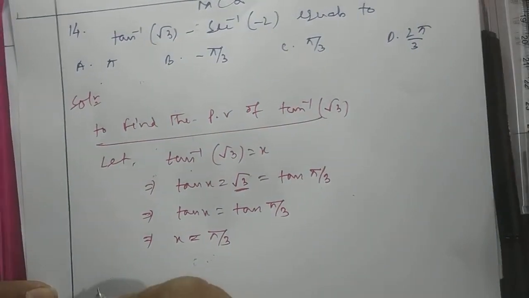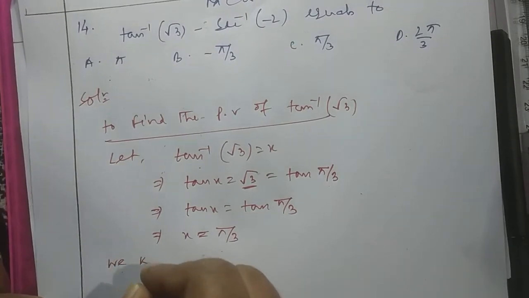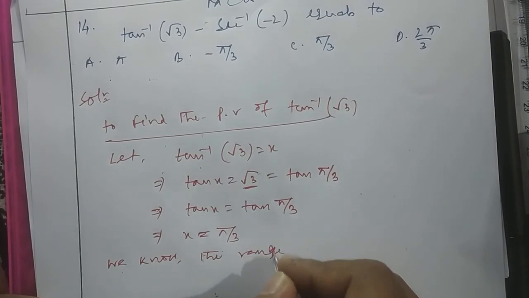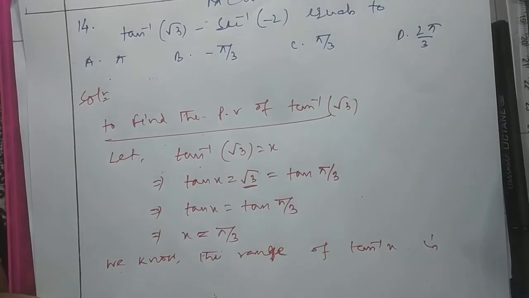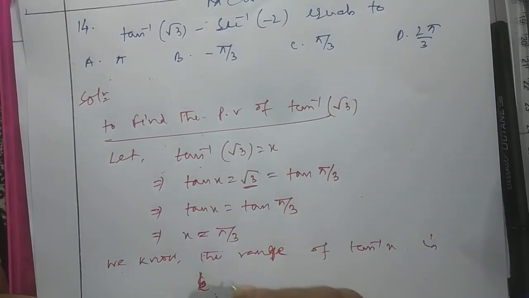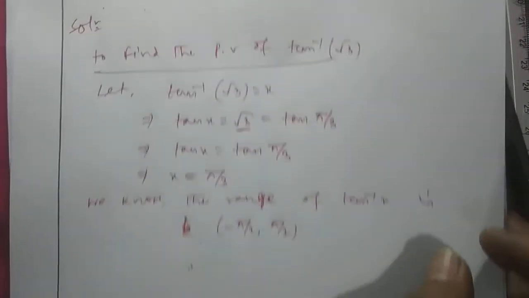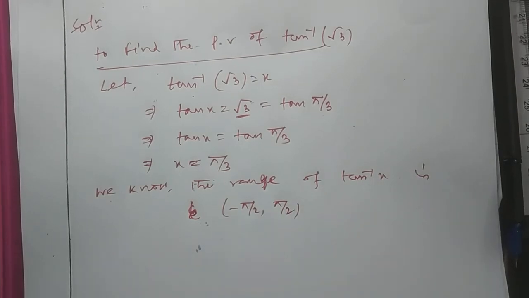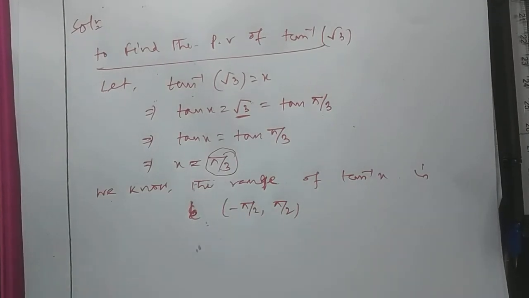Now let us recall the range of tan inverse x. We know the range of tan inverse x is minus pi by 2 comma pi by 2 open interval, correct? Now we have to check whether this pi by 3 belongs to this range or not.